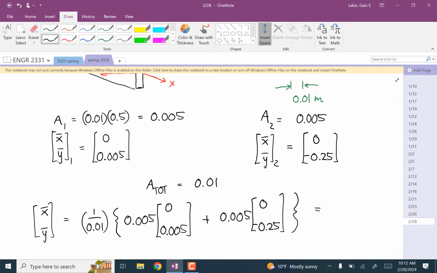And I got a value of 0 for x, negative 0.124 for y.